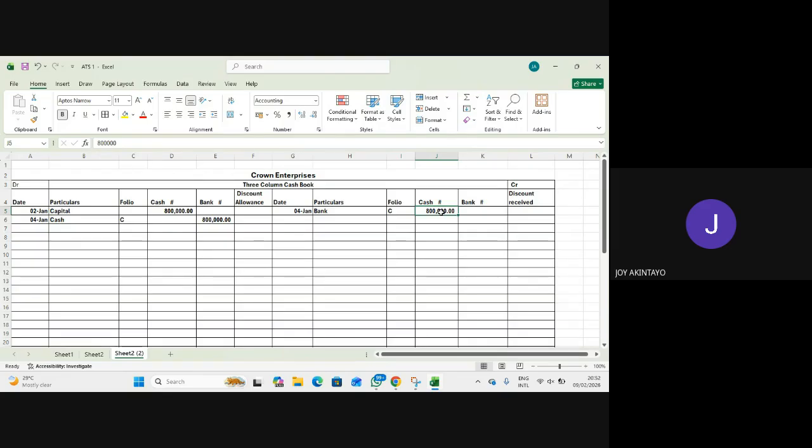The corresponding entry will be the purchases. Do you understand? It has been stated we made purchases. So when you want to open the new ledger, it will just be purchases account, whereby you debit your purchases account. Understand?